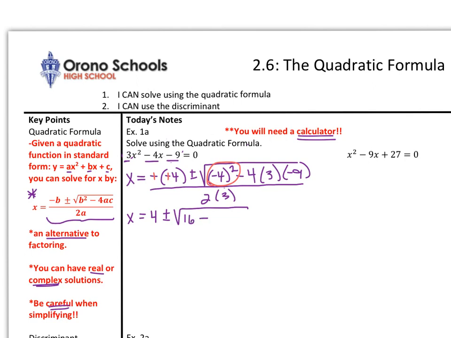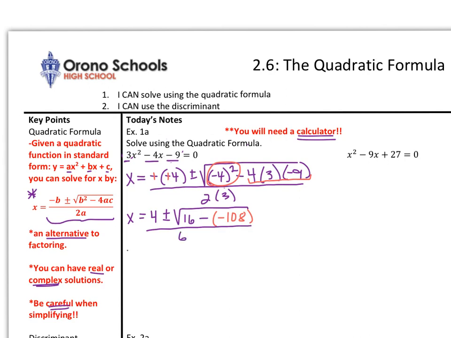Minus, if we do 4 times 3 times negative 9, 4 times 3 is 12, and 12 times negative 9 is negative 108. So notice, again, there's a double negative happening. Now it's on the inside of the square root. In the denominator, 2 times 3 is 6.